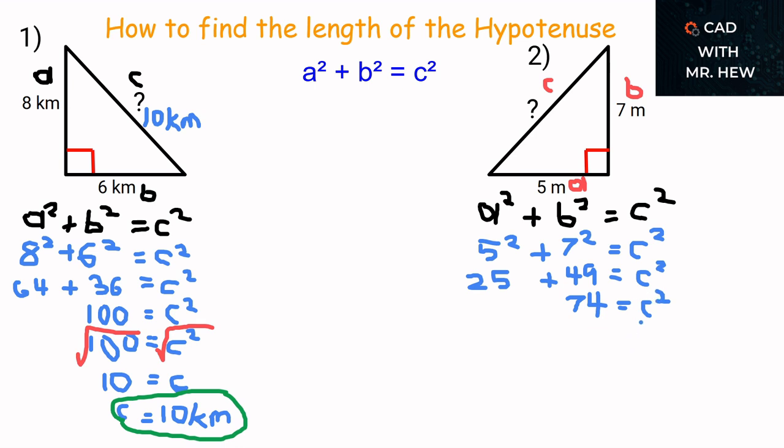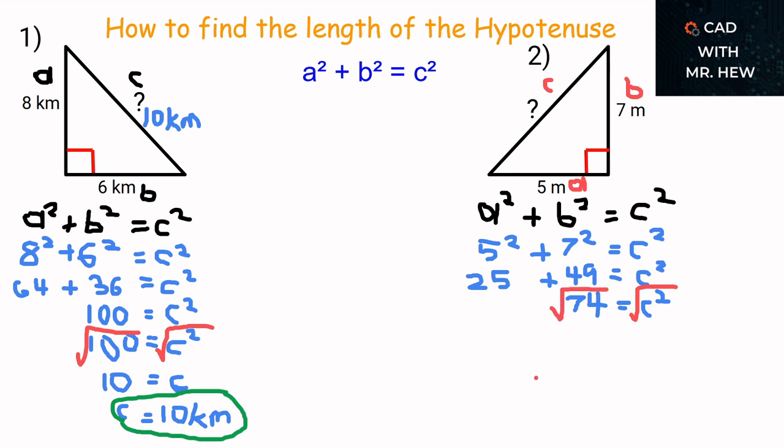Right? Good. Now, we're going to isolate the C, right? So to isolate it, what we're going to do, we're going to find the square root, right? So I'm going to find the square root here of that. And anything you do on one side of the equation, you'll have to do on the other side. So we have to find the square root of 74.